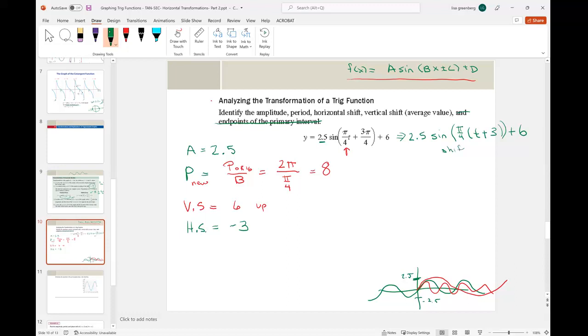So the period is basically the length. It's how fast it's going through.